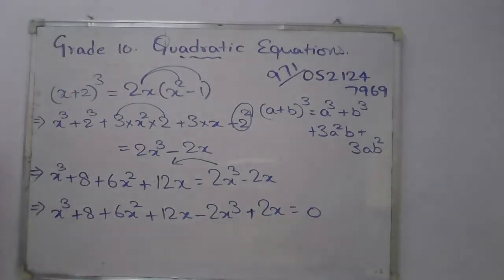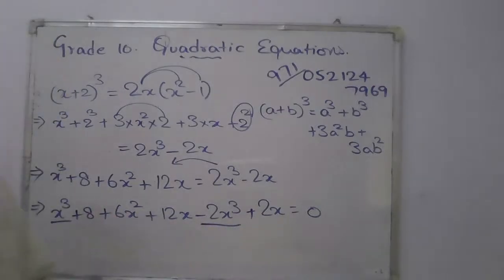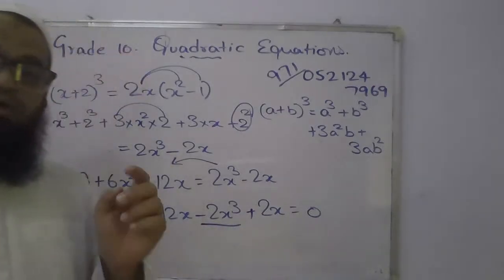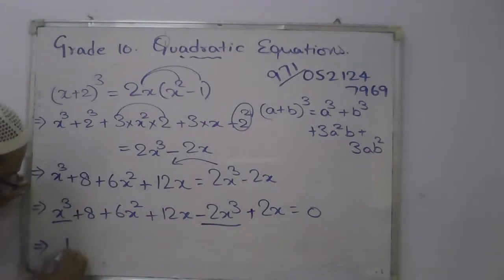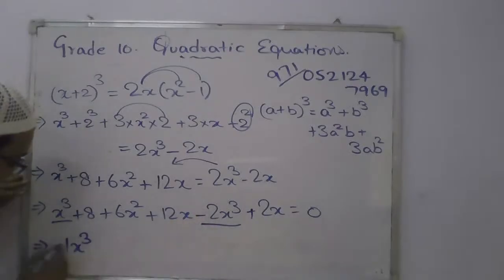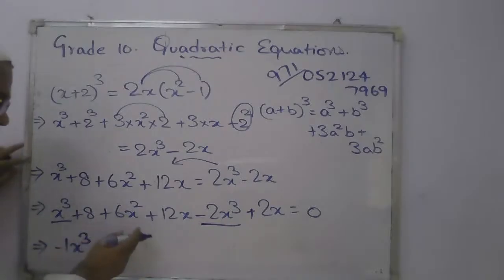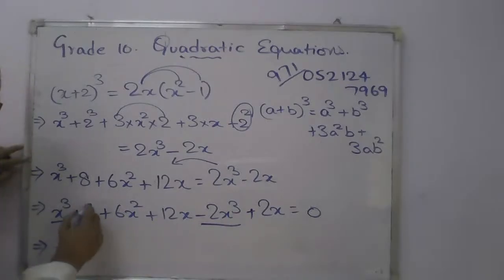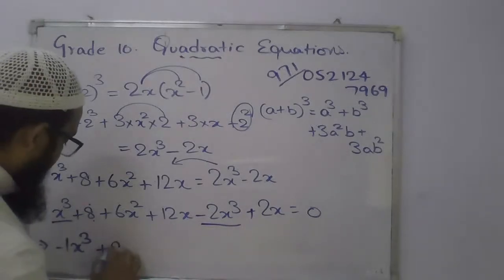Okay, now check for like terms. x cube minus 2x cube, it is plus and negative. What you are supposed to do, you have to subtract. So 2 minus 1 is 1, so that implies 1x cube, but the bigger number has the negative sign, so it is minus 1x cube. Okay, and after that you have 8, the only constant, so write 8.